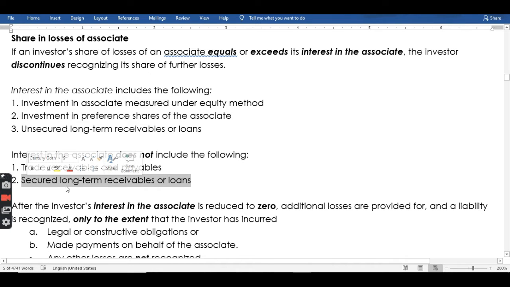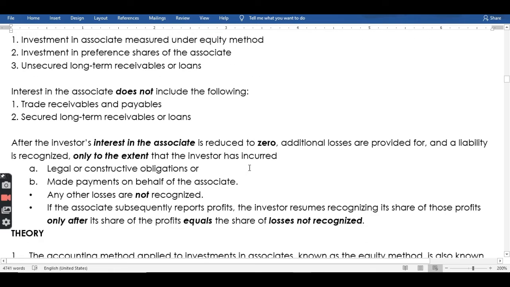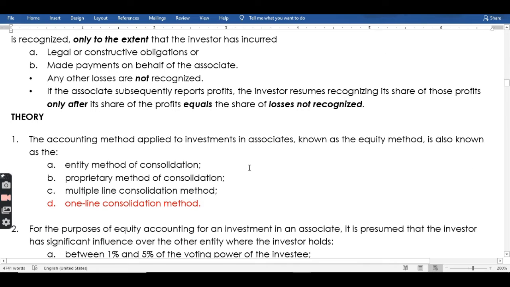So, ibig sabihin, kahit anong mangyari, may mababawi ka. Okay, so hindi mo siya kailangang i-recognize as a separate interest in the associate. Okay? In other words kasi, ikaw din ang magki-claim later on nung security or yung collateral in relation to this particular loan. Okay? Yan.